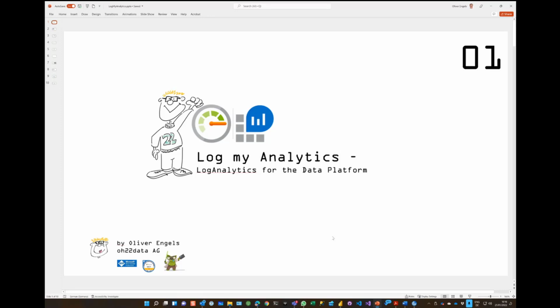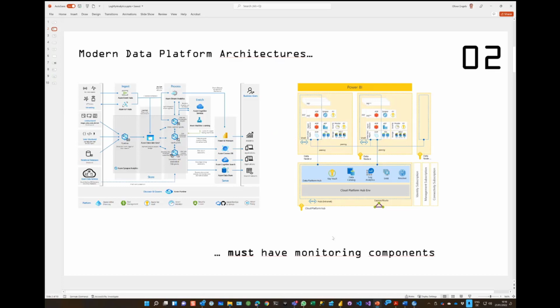And speaking of that, let's jump into these architectures that we have, and you see two architectures. One is a sample from Microsoft, and the other one is also a template that Microsoft provides, formerly known as Enterprise Scale Analytics.